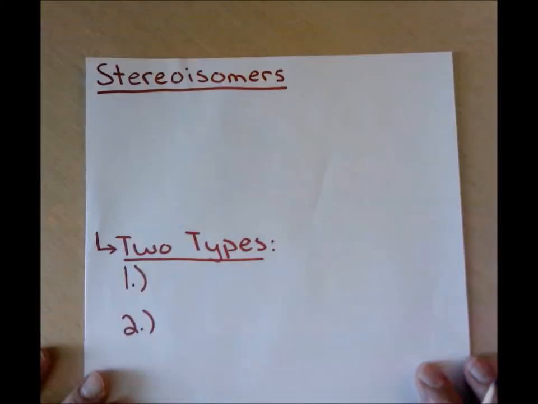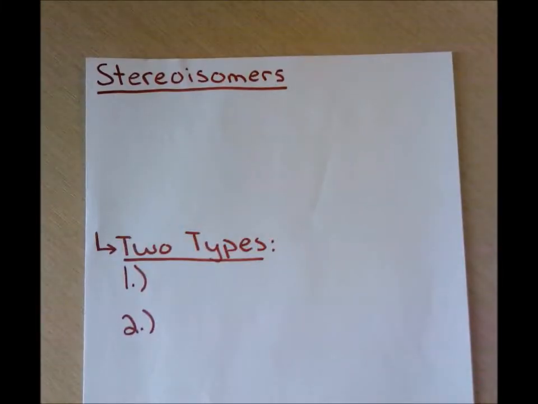With stereoisomers, again, it's just another variety of isomers, which again have the same molecular formula, but are arranged a little bit differently. We simply define stereoisomers as isomers in which all atoms are bonded in the same order but are arranged differently in space.